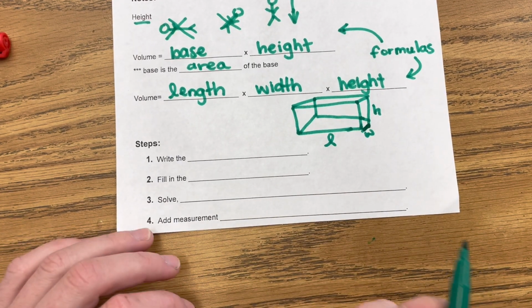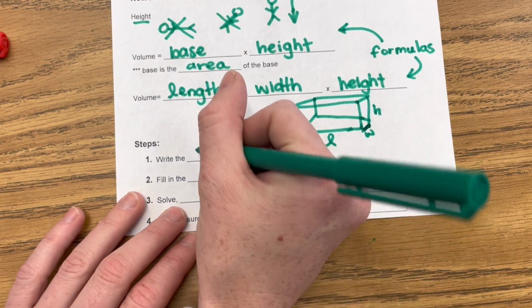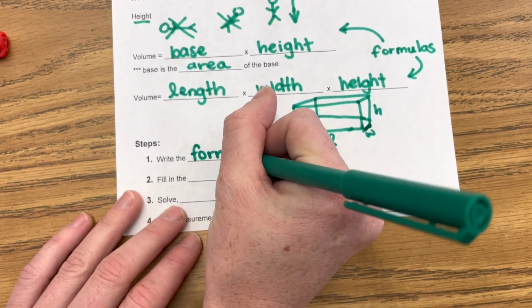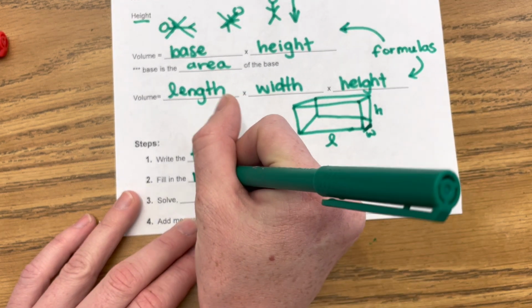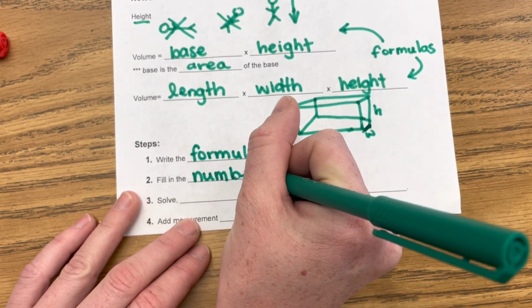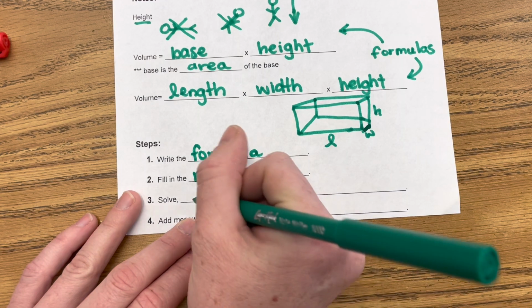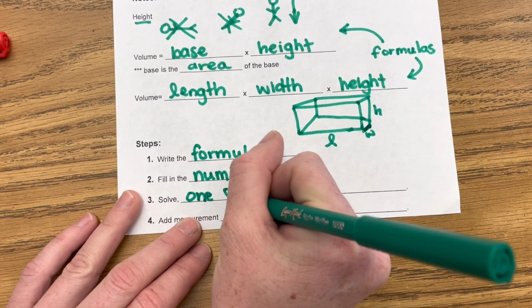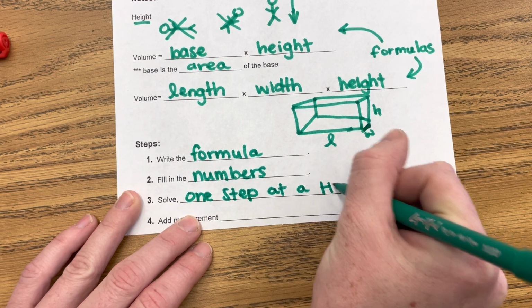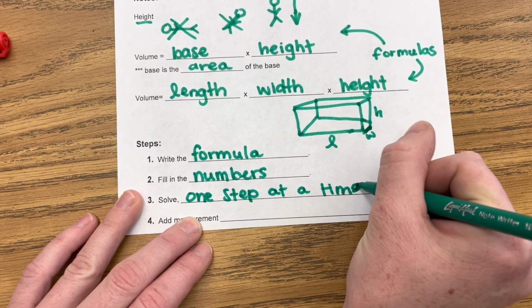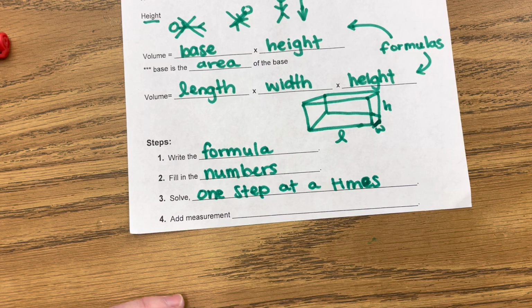And now we're on to our steps. Our first step is to write the formula. Second step is fill in the numbers. Then you're going to solve one step at a time, no skipping steps, no combining steps. Do it one step at a time.